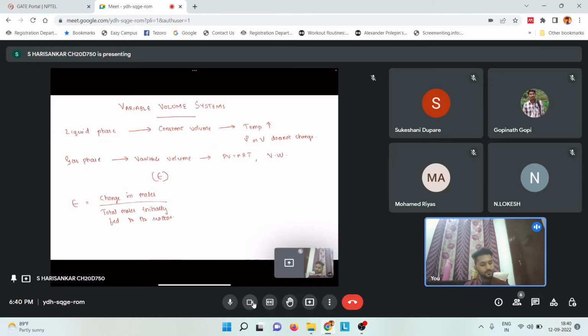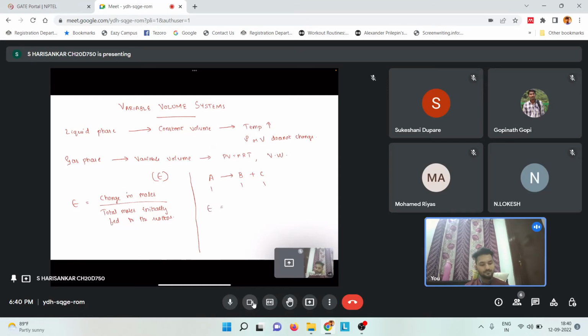Okay. So let's take a brief example. A gives B plus C. So this means basically 1 mole of A gives 1 mole of B and 1 mole of C. So the epsilon here is the change in moles.